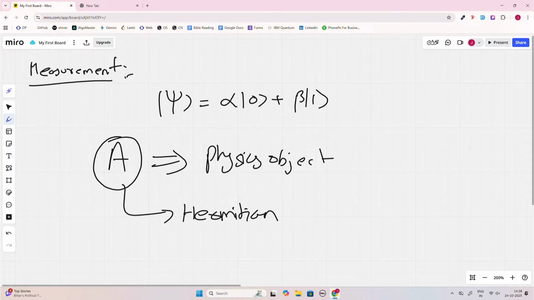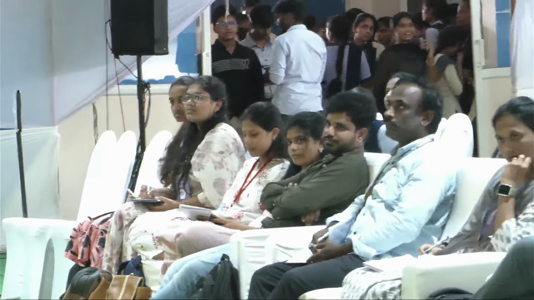So this is another thing. First thing, anything which can be termed as a measurable thing can be shown in the form of a physics object. Scale is a physics one. Similarly, I can show any kind of mathematical concept or any kind of physical nature as a measurable quantity. That is the first thing.